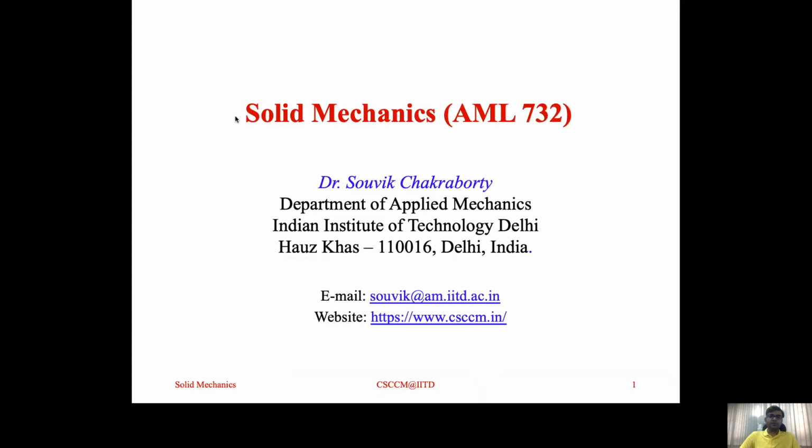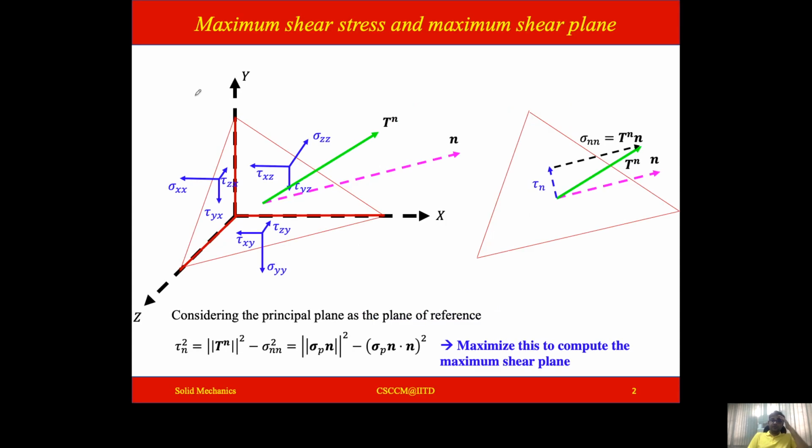Okay, so I hope my screen is visible to everyone. So let us start. What is the objective for today's lecture? Let me first write down the objective. There are two objectives actually. One objective is find the maximum shear component. That is objective number 1.